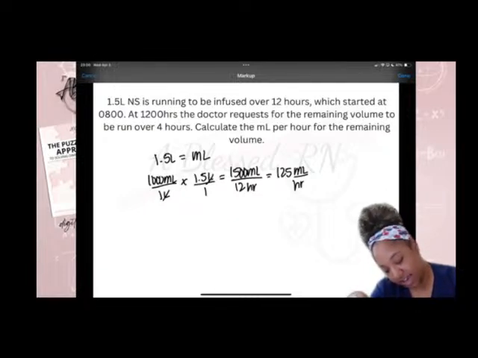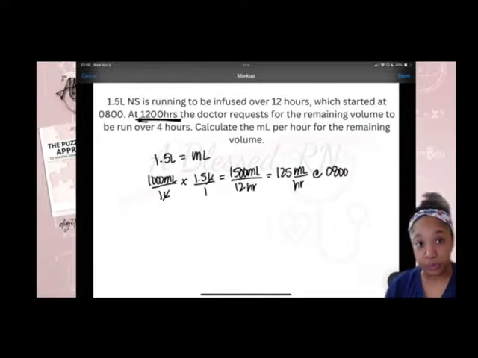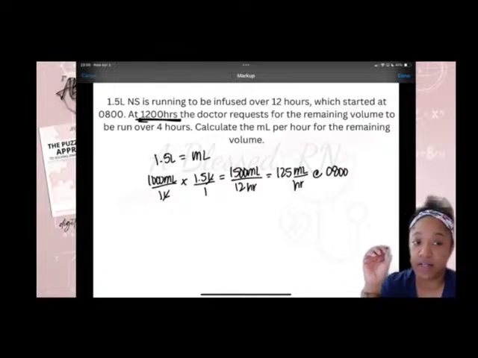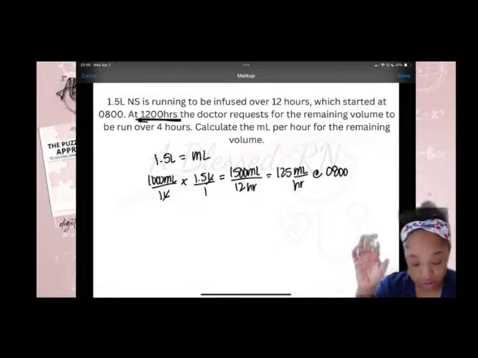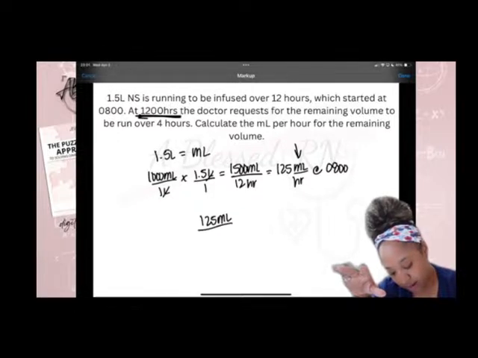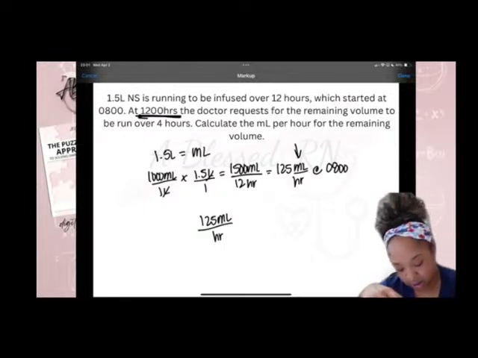So we start this at 8 o'clock. It says that at 1,200 hours, so noon, the doctor comes in and says, run it faster, I want the rest of it to go in over 4 hours. So what we need to do here is figure out how many milliliters have gone into the patient from 8 o'clock to 12 o'clock. It's going 125 milliliters per hour, and that's 4 hours.